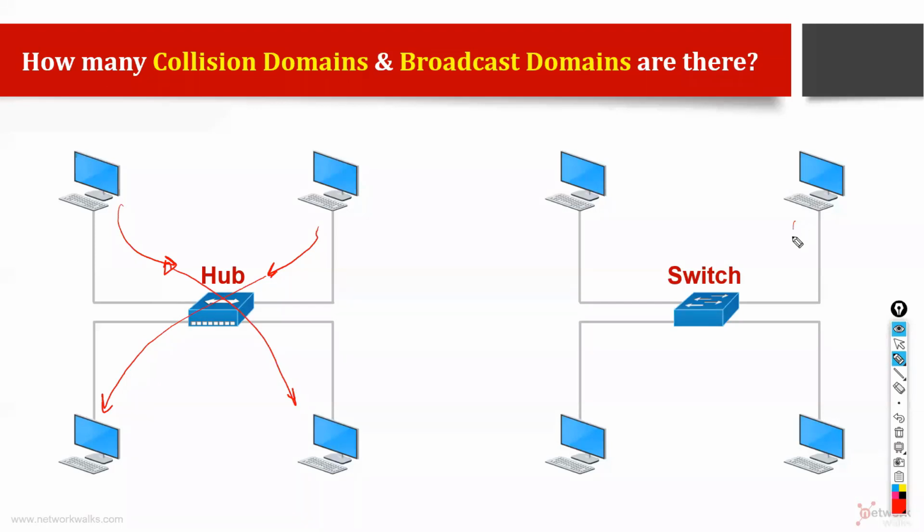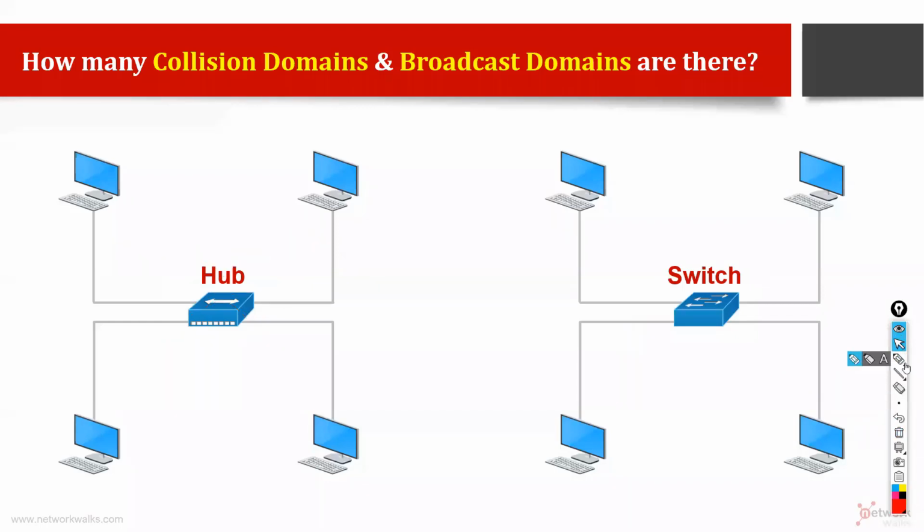What is the chance that this computer is talking through the switch and then this one is also sending the same message to this computer? Can it happen simultaneously at the same time, or can it not happen? This is called collision domain. Means where there is a chance that the message will come from here, wants to cross, this message also wants to cross, so there will be a collision. So they will destroy each other, right? This is called collision domain.